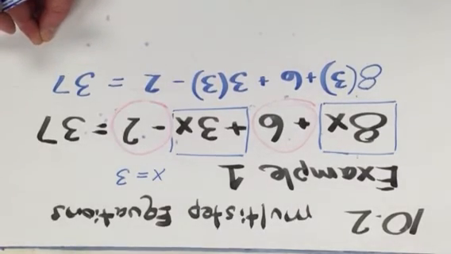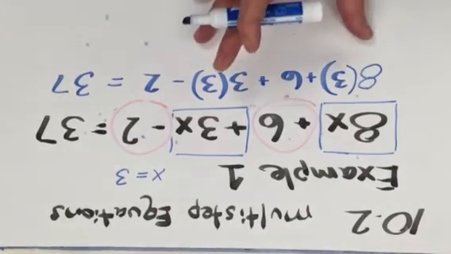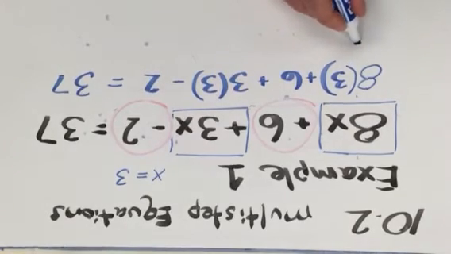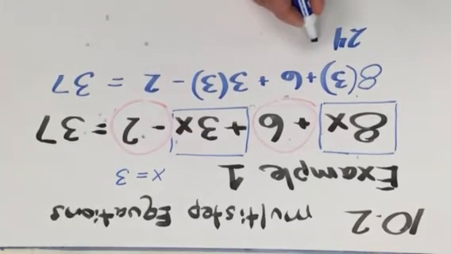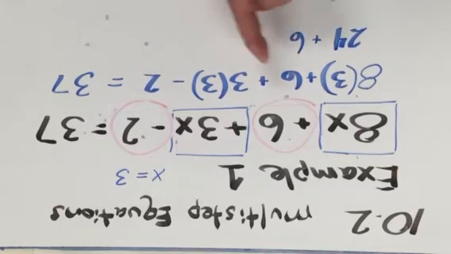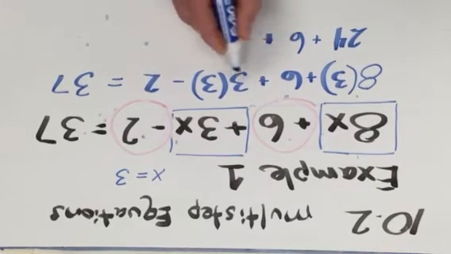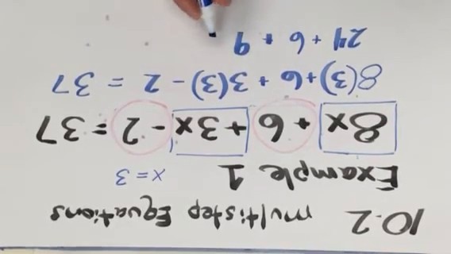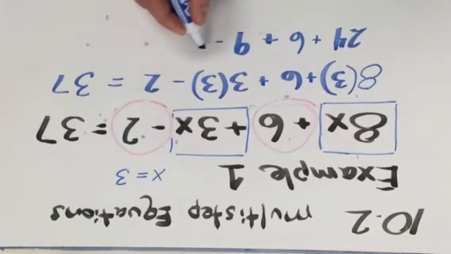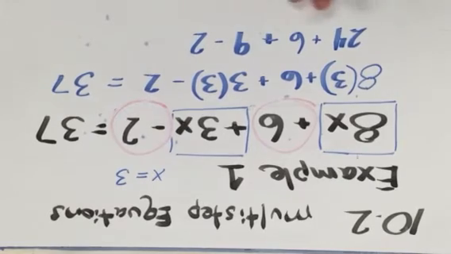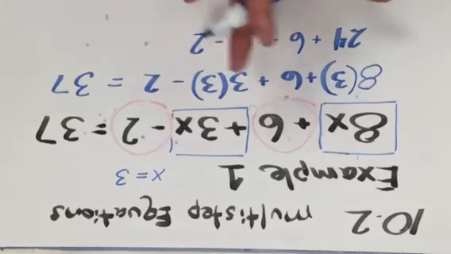Keeping the rules of PEMDAS, we need to multiply first, so we get 24. Bring down the plus 6, we haven't done anything there. Multiply, we have 9. And then we also have to subtract 2. The order of operations says to solve addition and subtraction from left to right, which we can do in this case, but other times, for strategy, we'll look for groupings.